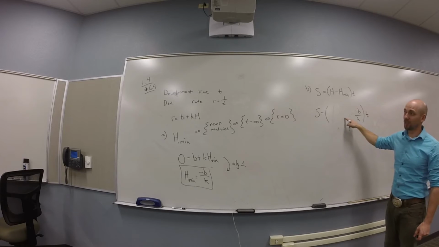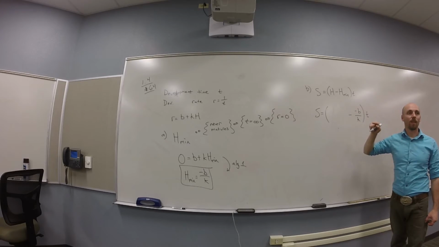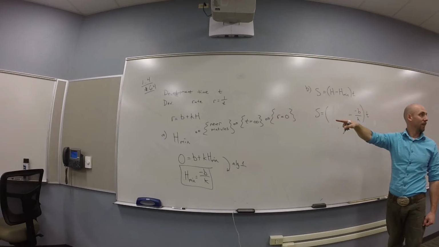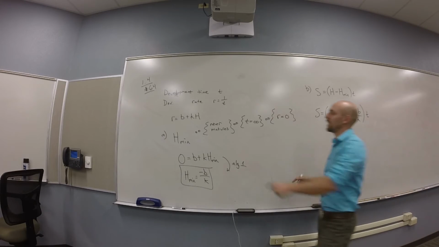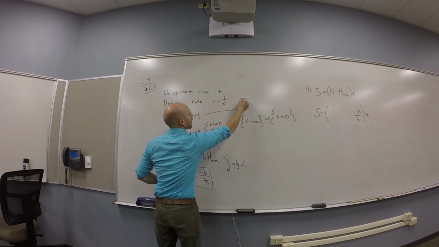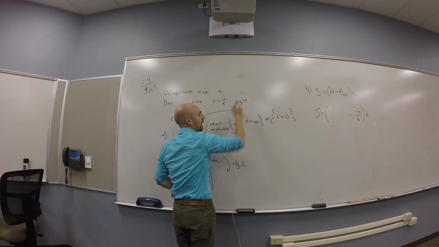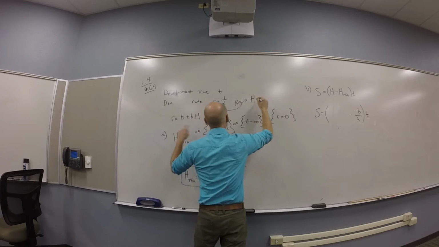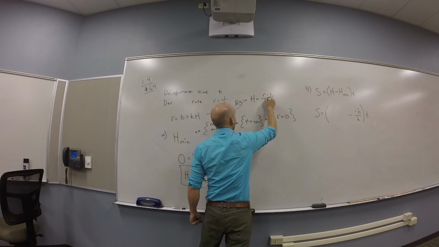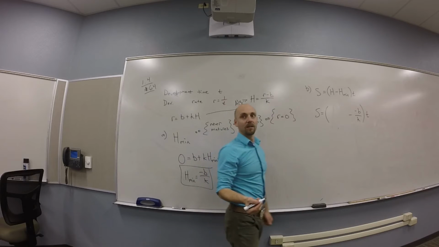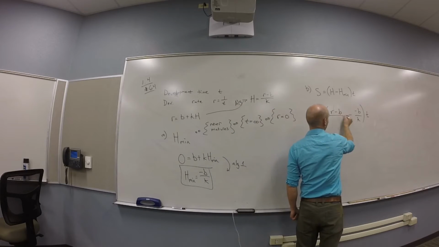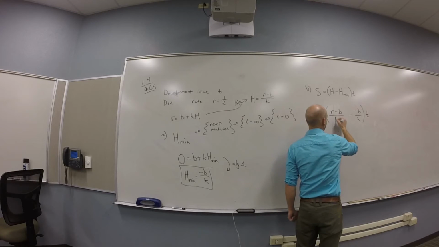What's h? A little bit of algebra from here will get you to h is r minus b over k. So cram that in here. So I've got r minus b over k.